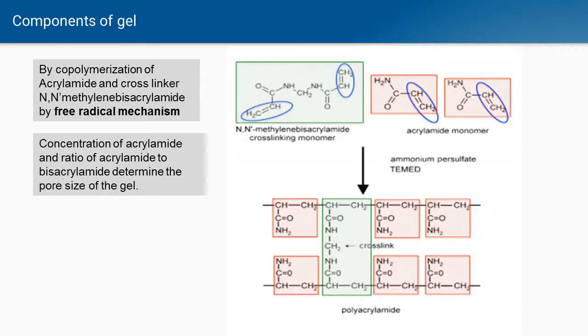The pore size is determined by the concentration of acrylamide as well as the ratio of acrylamide to bisacrylamide. So what ratio you are using and what concentration of acrylamide you are using will determine the pore size of your gel.